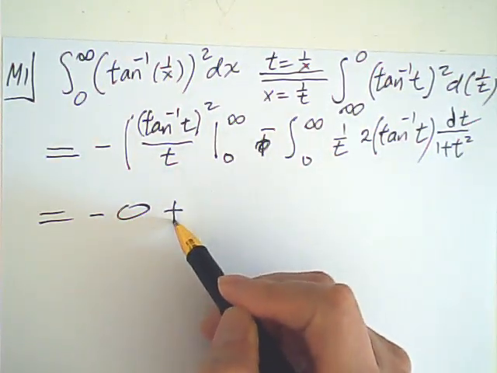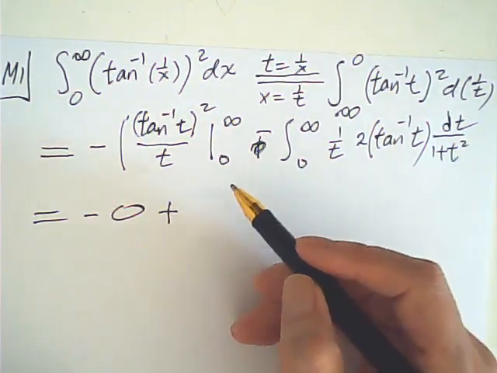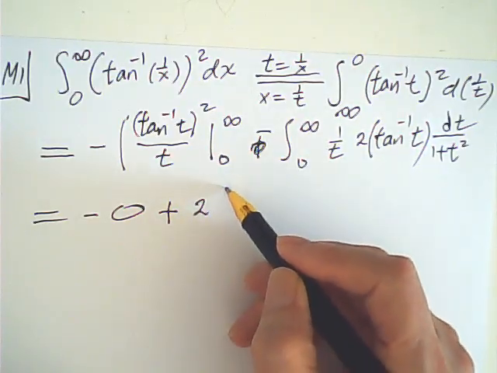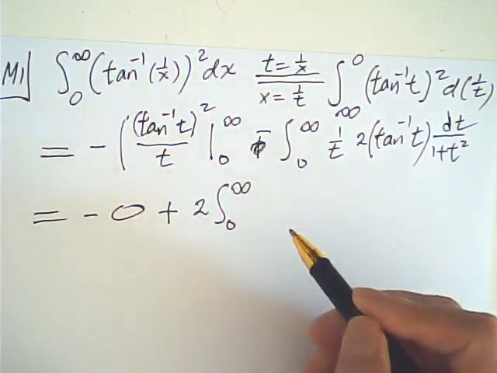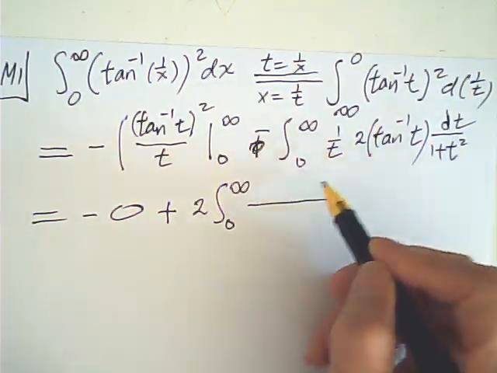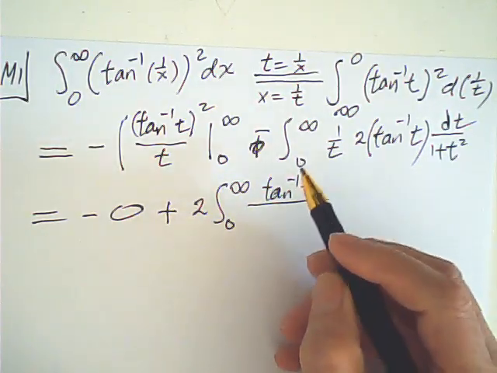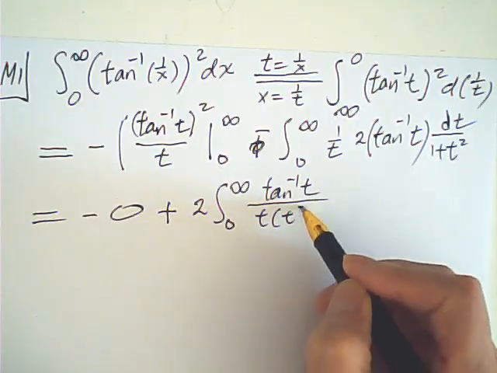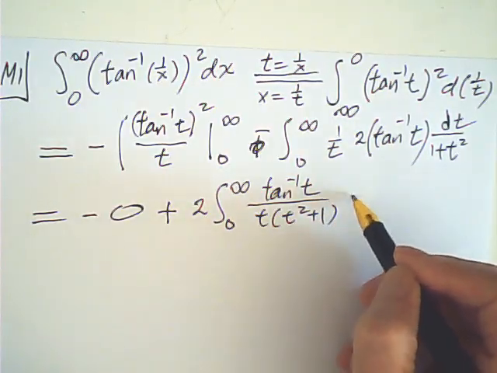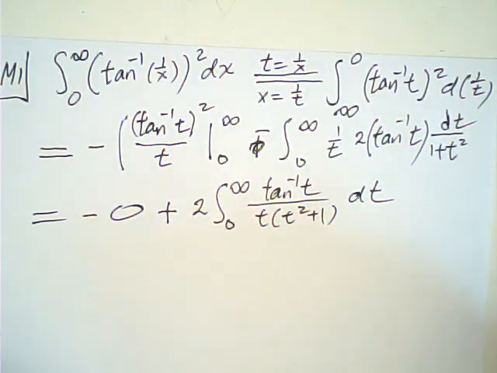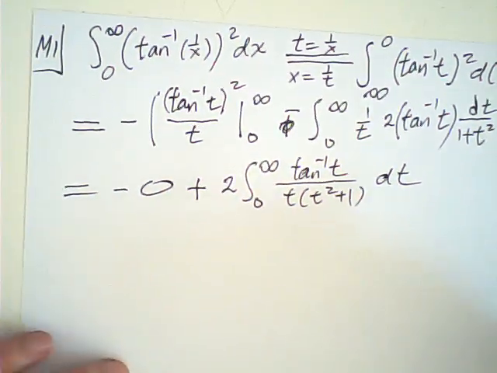Negative changes to positive, and take 2 out. Okay. So this one is the integral of arctangent t over t squared plus 1 dt. Very good.